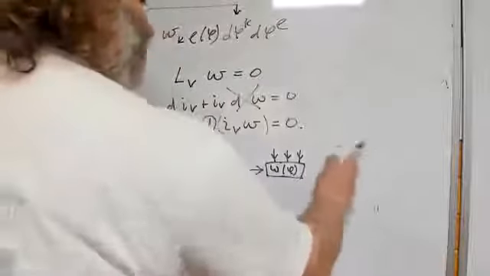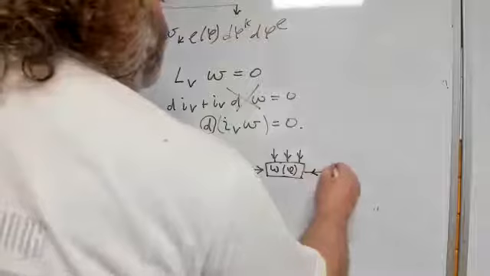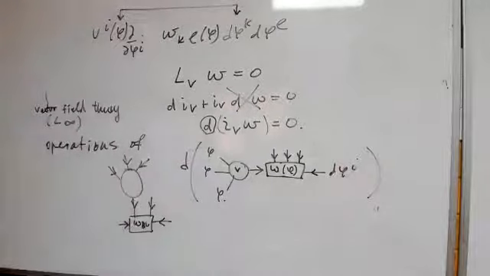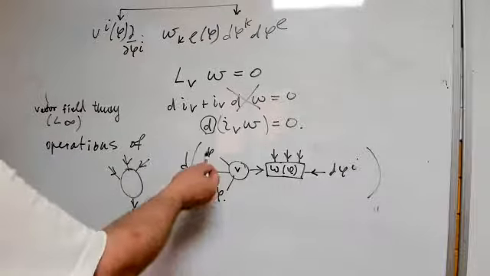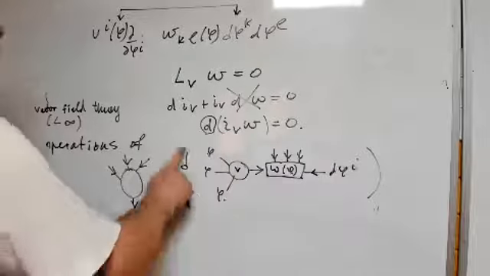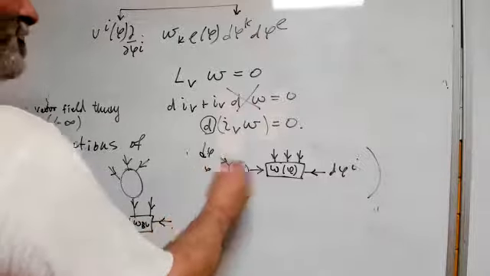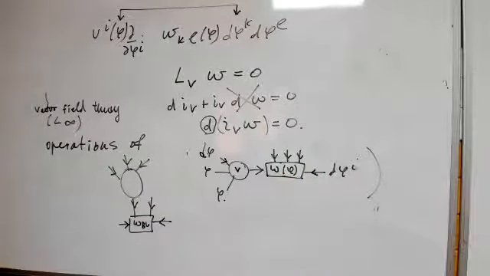So there are d's acting here. There is a symmetry between this input and this input, right? But d can also act here.